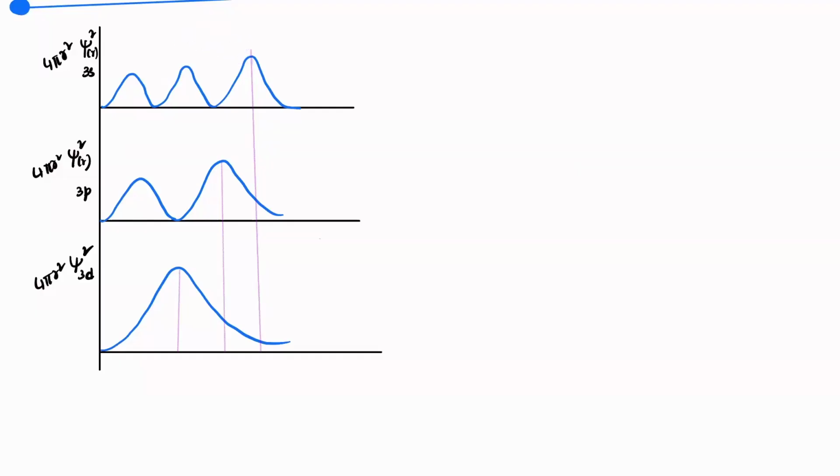So if I put the actual structure of the 3s orbital, let's say this is where the nucleus is.